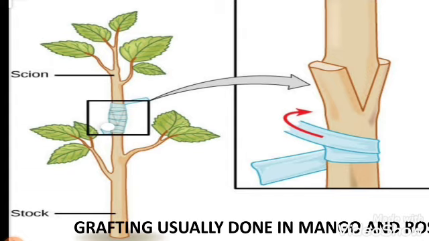A stem cutting called scion from one plant is attached and tied to the rooted stem called stock of another plant. And due to rapid cell division, the union develops. So this is quite interesting, isn't it?